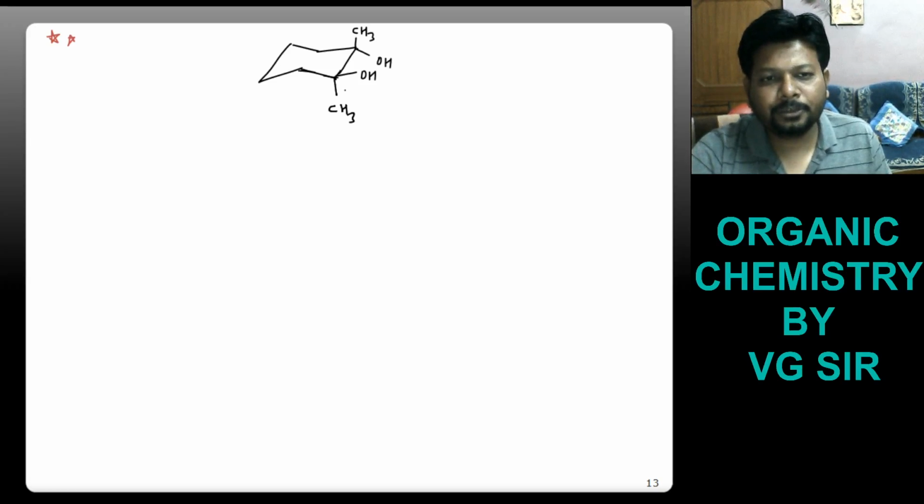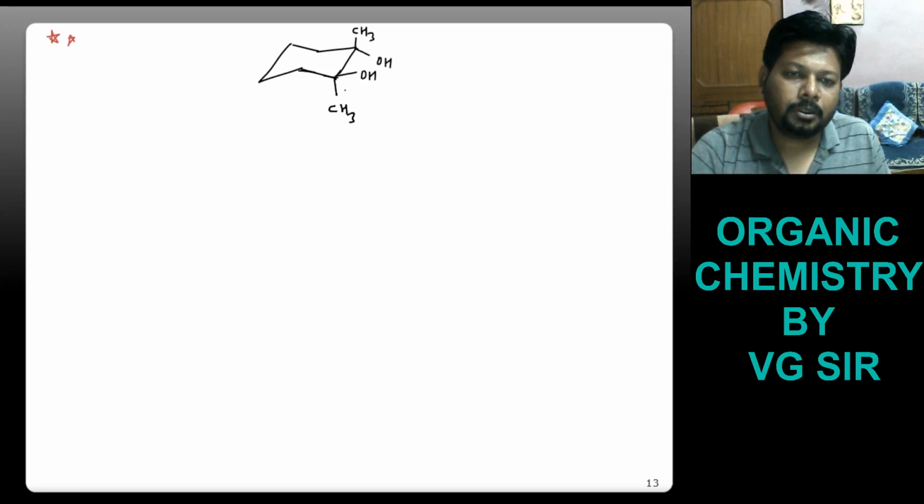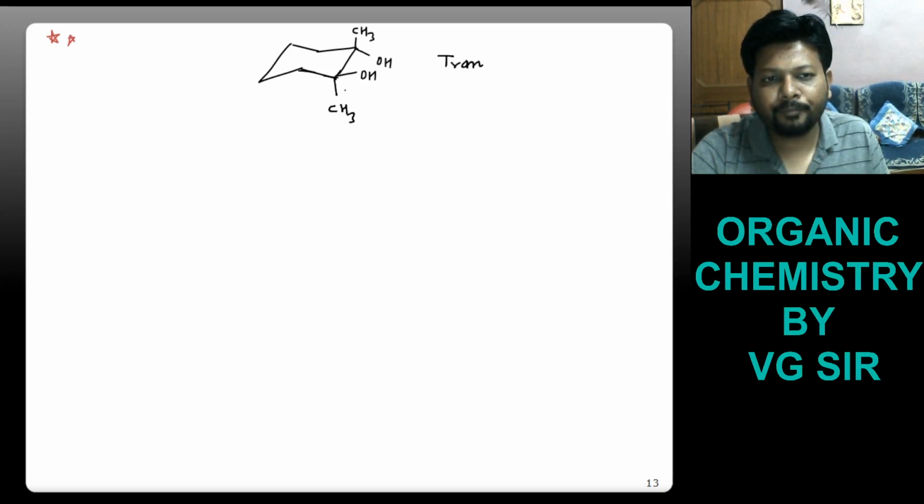So you can say it is a 1,2-diol, and you can see the hydroxyl groups are trans to each other. Okay, and these methyl groups are also trans to each other. So it is a trans form. Okay, it's a trans form.